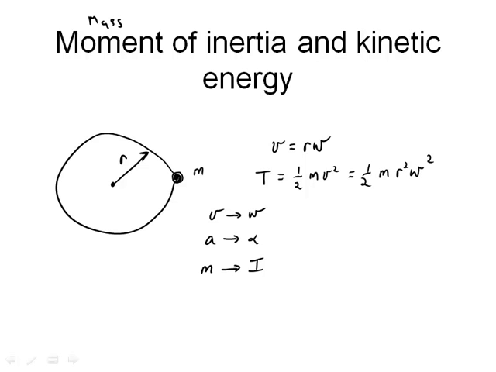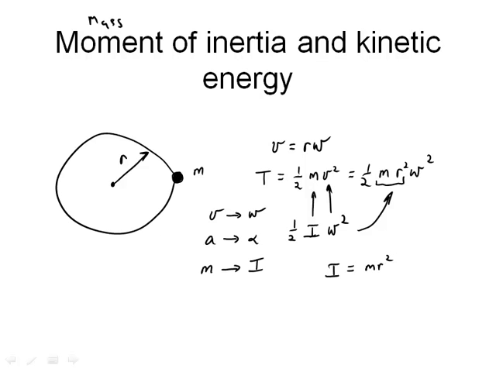And so kinetic energy, which is 1/2 mv squared, will have an angular counterpart: I, 1/2 of course, for the angular mass, and then the angular velocity, omega squared. But if you note this term right here, this must be that I term. So the mass moment of inertia of a single particle is mr squared. So I, for a small particle, is mr squared.